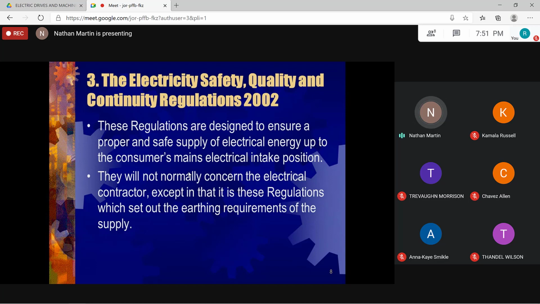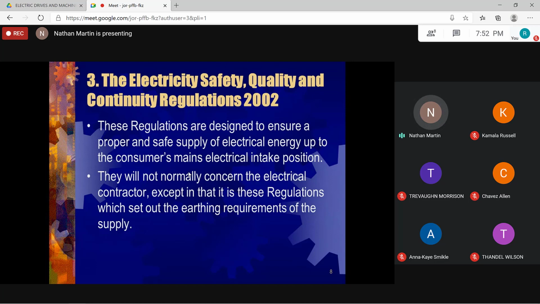But that is very hard to not do, because once you submit the building, whether it be a factory or a big industrial plant, to the Government Electrical Inspector, the GEI, that's one of the first things they are going to check for when they come to the site: the earthing.